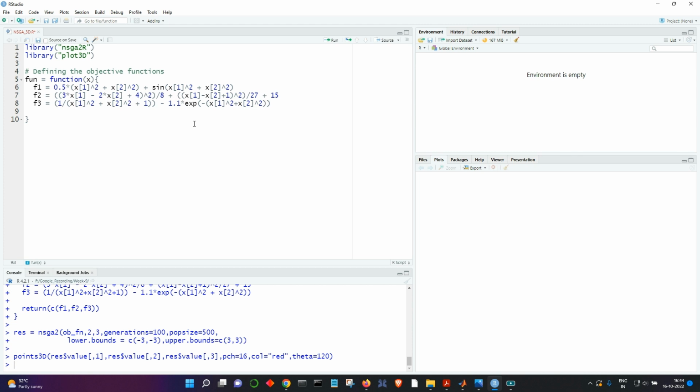So that's it. We are returning a function here, and what sir used was something called rbind, that is combining the function values in rows. The same thing can be done using the c that we use normally. So let's not make it complicated and let's use c itself.